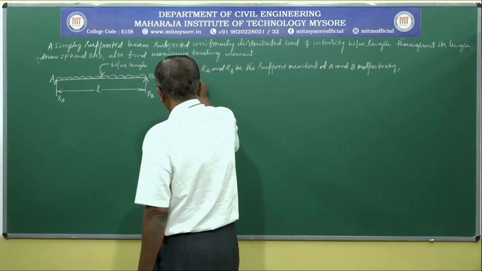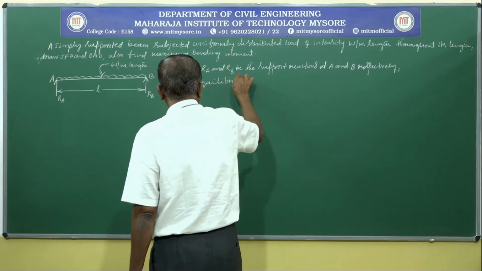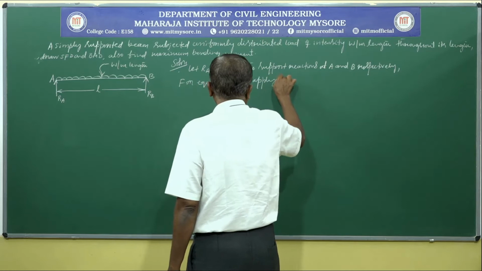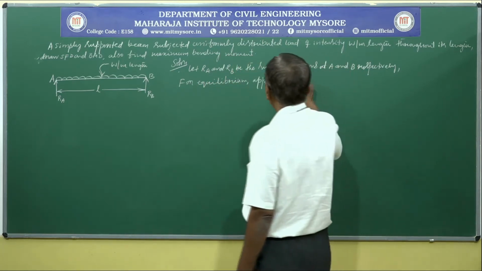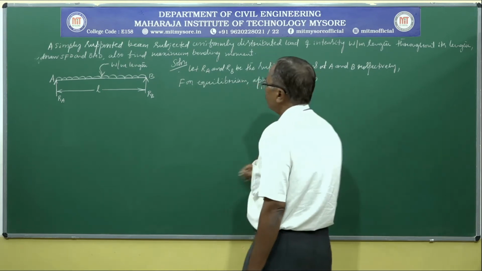For equilibrium, applying moment at an unknown point, applying sigma M about A is equal to 0.